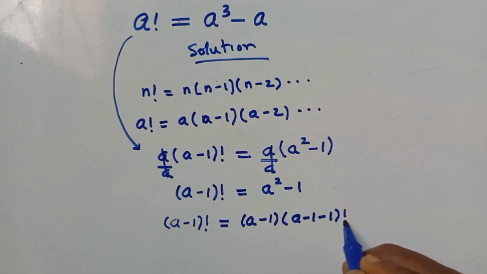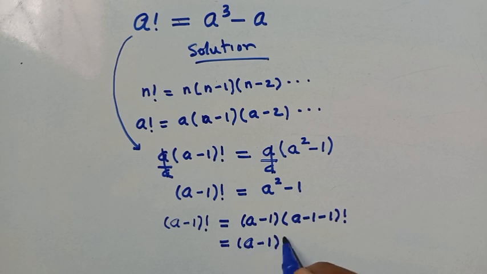But let me stop here. So this implies (a minus 1) multiplied by (a minus 2) factorial.